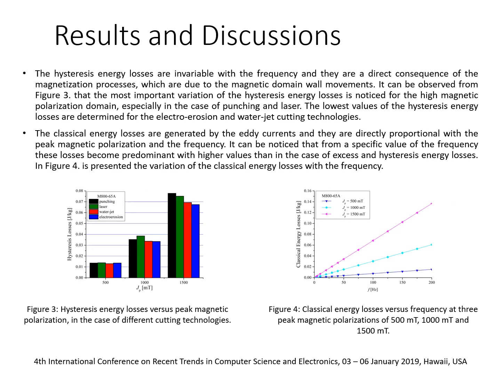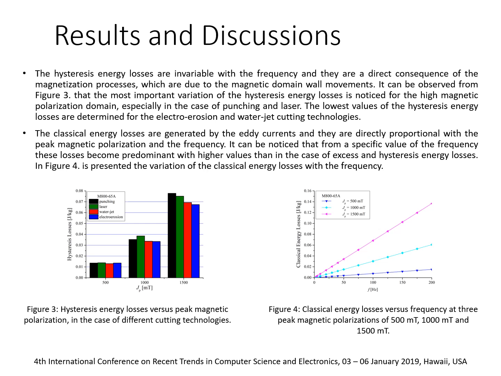The hysteresis energy losses are invariable with the frequency and they are a direct consequence of the magnetization processes, which are due to the magnetic domain wall movements. It can be observed from Figure 3 that the most important variation of the hysteresis energy losses is noticed for the high magnetic polarization domain, especially in the case of punching and laser.